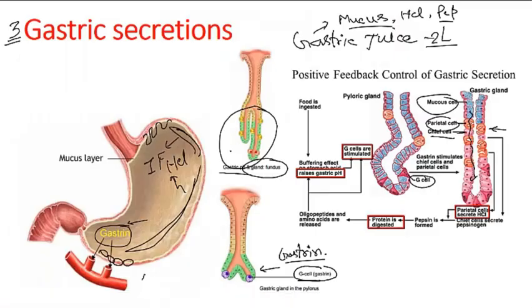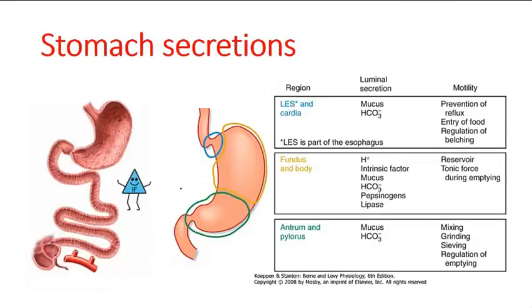Most of the secretions are made from the stomach cells and the gastric pits and glands formed inside the stomach, but we keep another slide for explaining the stomach secretions with some examples. Normally, we know that the stomach produces mucus, HCl, intrinsic factor and so on.